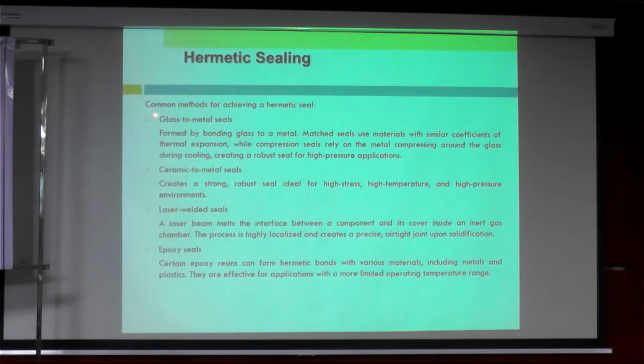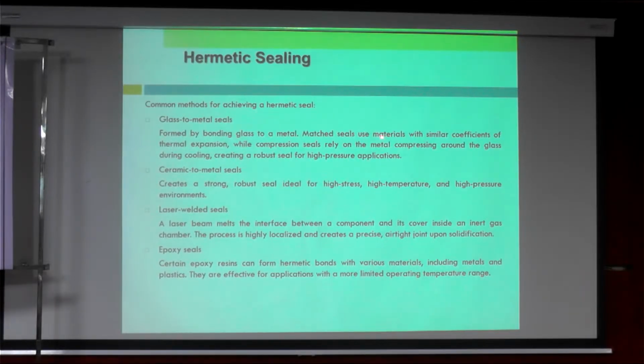And commonly, in hermetic sealing, glass to metal seal is used, formed by bonding glass to a metal. Match seals use materials with a similar coefficient of thermal expansion, while compression seals rely on the metal compressing around the glass during cooling, creating a robust seal for high pressure application.